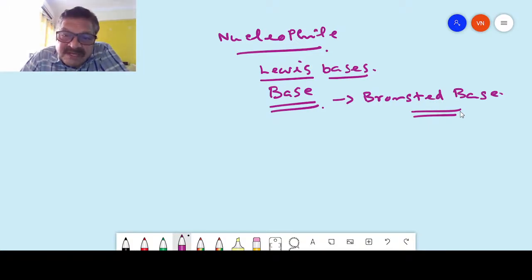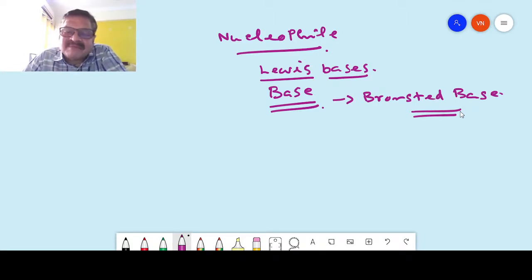Now nucleophiles and bases are structurally similar. If you see the structure, they are similar here. Both have a lone pair of electrons, or both have a pi bond. They differ only in what they attack.